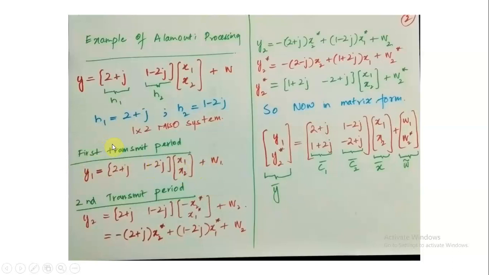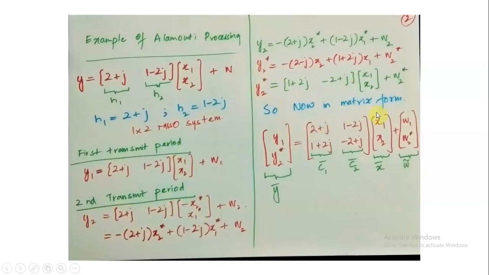At the second instant, we transmit minus x2 conjugate and x1 conjugate through antenna 1 and antenna 2 respectively, so what we receive would be y2 is equal to this thing. If we take the conjugate of this y2, we will get this whole equation.